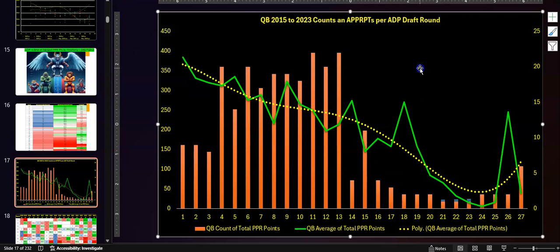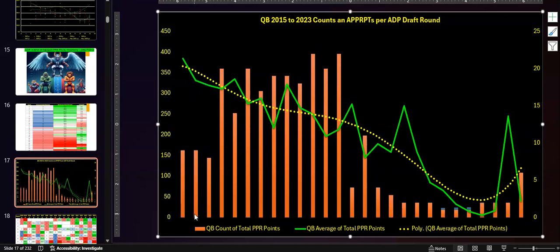What's interesting, and I think this emphasizes it, is the orange boxes show the numbers per draft round. This draft round here is not really realistic. I should kill that, because the first one here is draft round 2.